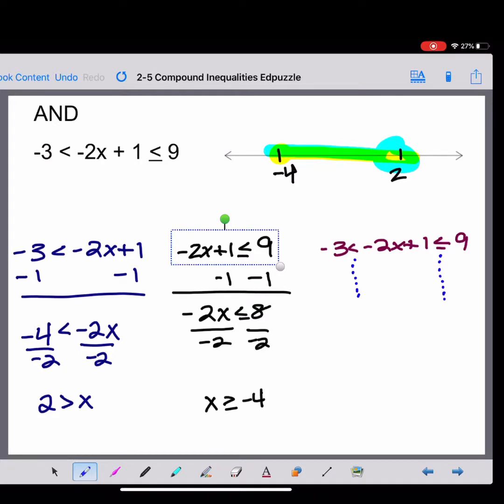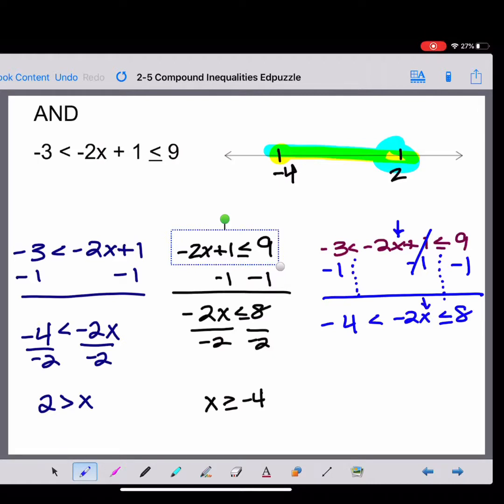Since my goal is to still isolate the variable, get x by itself, I subtract 1 to cancel out my 1's. I just have to make sure I subtract from the front inequality and the back inequality. So I'm left with negative 4 is less than negative 2x, which is less than or equal to 8.